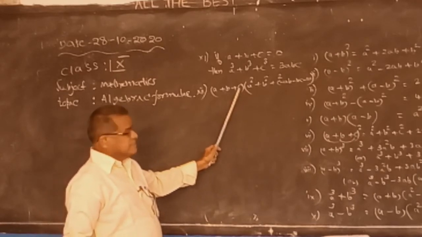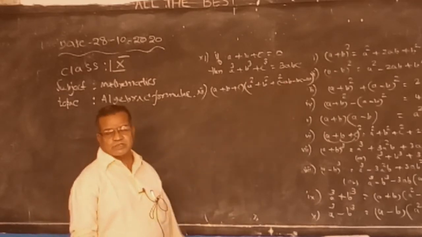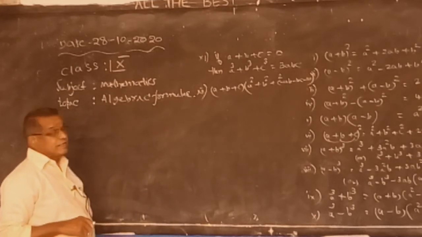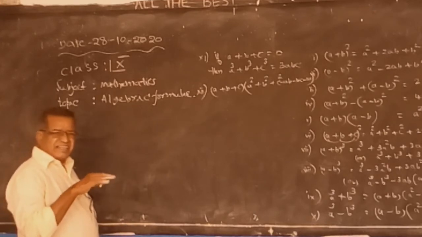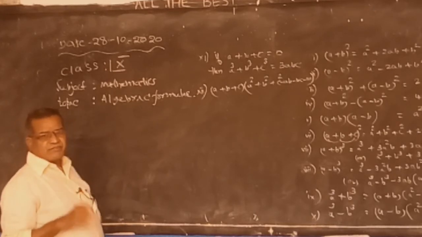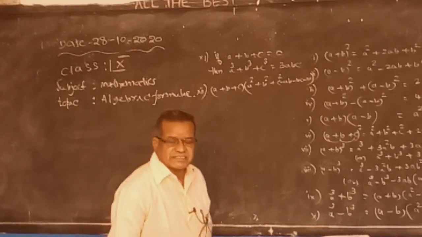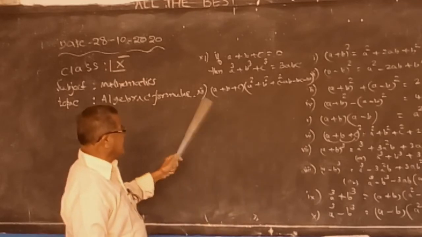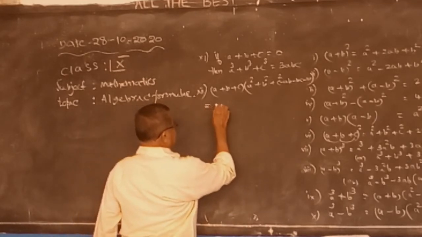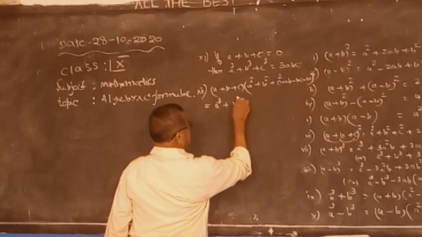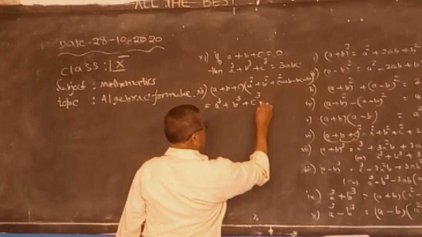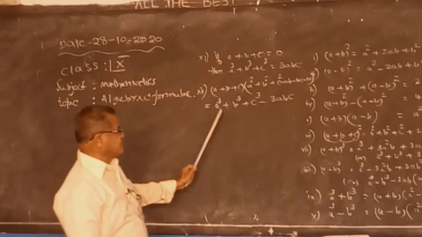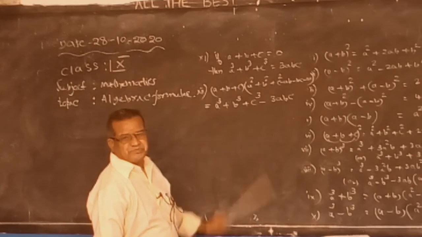When we multiply by c, we get 6 terms. Totally 6, 6, 6, 6 threes are 18. 18 terms are there. Among the 18 terms, some are having same terms with different sign, with different sign means plus and minus. So they are cancelled and these terms only left: a cube plus b cube plus c cube minus 3abc. These are the terms left. So we say this is a formula.